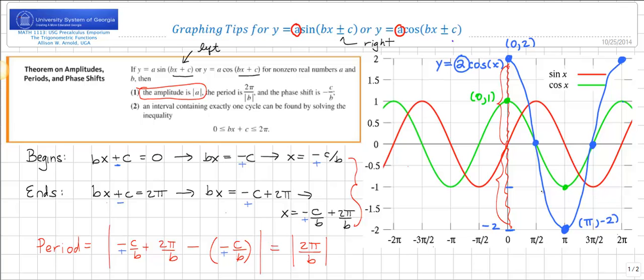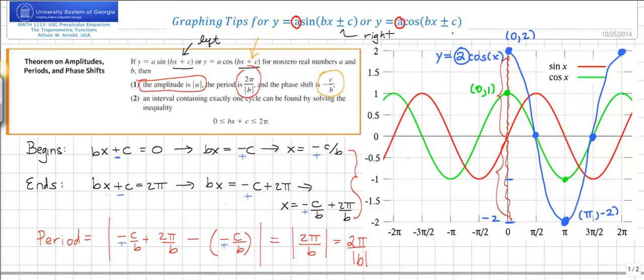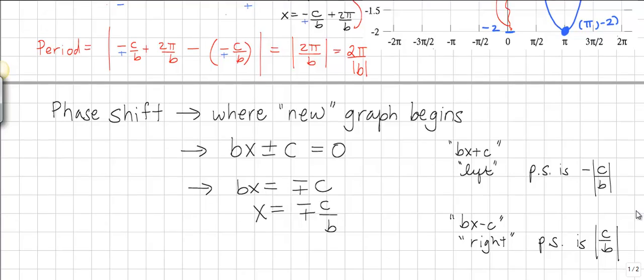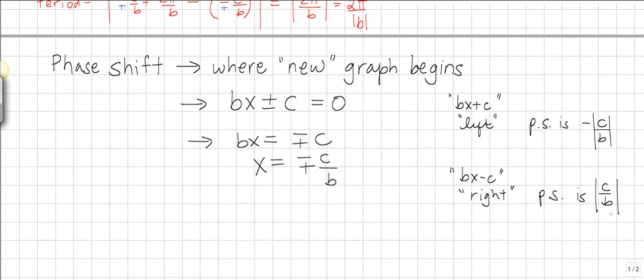And what we've discovered is that the period is the absolute value of 2 pi over b, or just simply 2 pi over the absolute value of b if I look at it in general. So if you like a formula, that's great. And if you have minus and you're going left, your phase shift is to the left. If you have plus and you're going right, your phase shift is to the right.